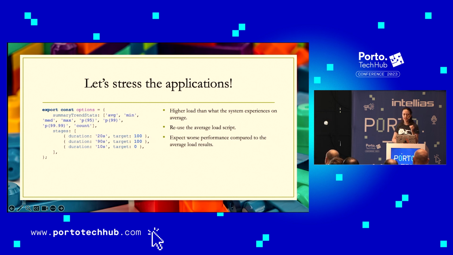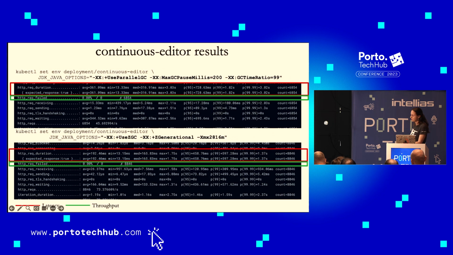Do it during 20 seconds, so the ramp up takes a longer time, but with a shorter scale down, like 10 seconds in this case. So I reused my average load script, which I tell everybody to do, and compared the results.